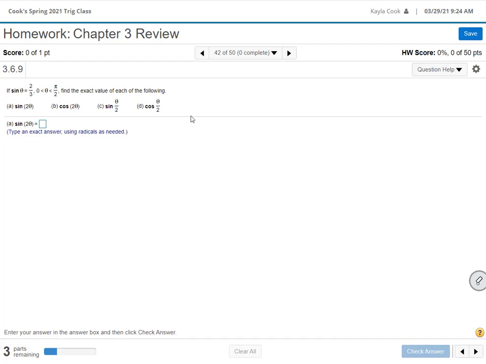So in order to find cosine theta, I need to use the information they already give me for sine of theta. Okay, so sine of theta equals 2 over 3.